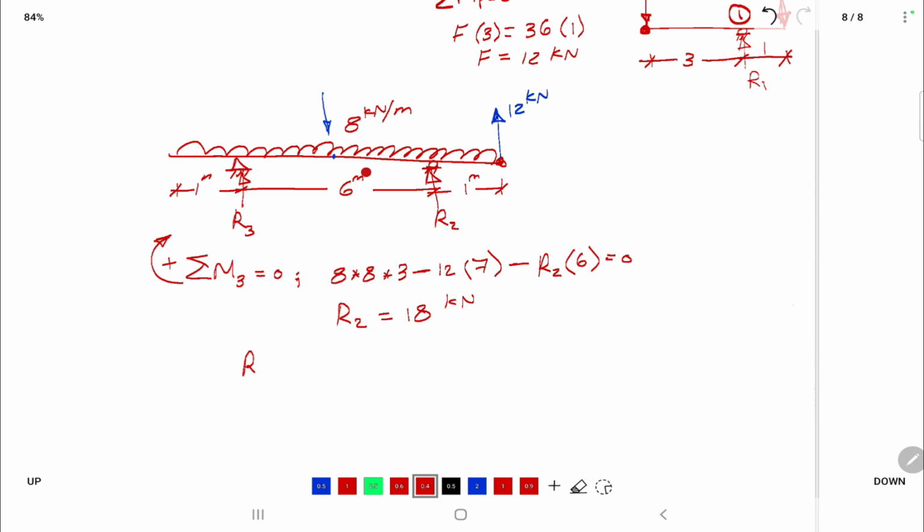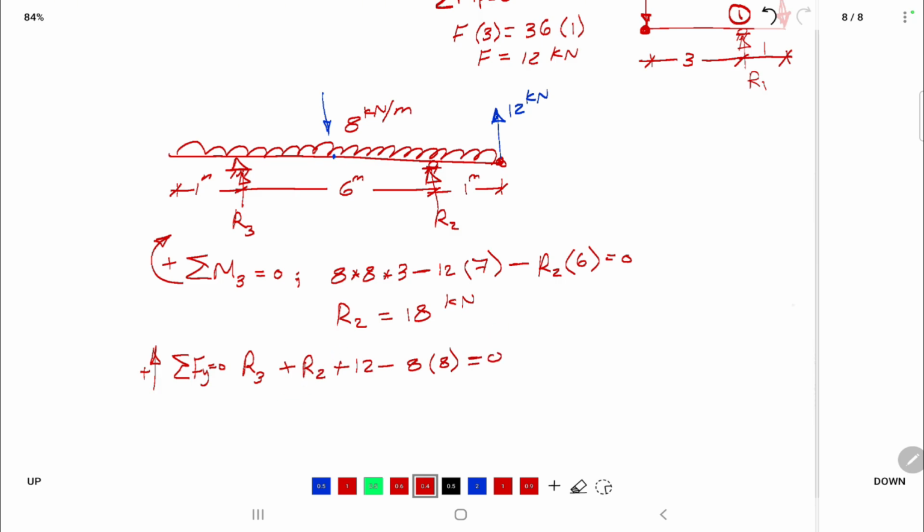R3 can be computed from sigma Fy equal to 0. Everything up is positive. So R3 plus R2 minus 12, or plus 12, minus the uniformly distributed load, which is 8 multiplied by 8, equal to 0.